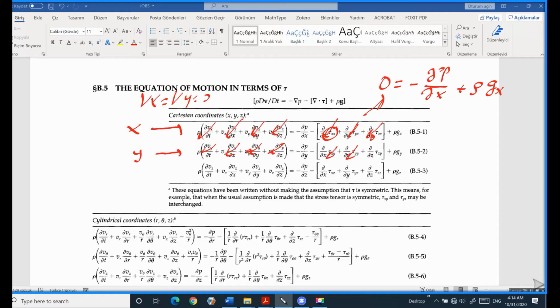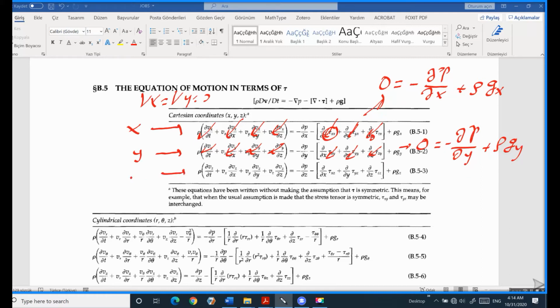In here, we obtain that the left side is 0, and the right side is minus the partial derivative of pressure with respect to y plus rho gy, a body force acting in the y direction.